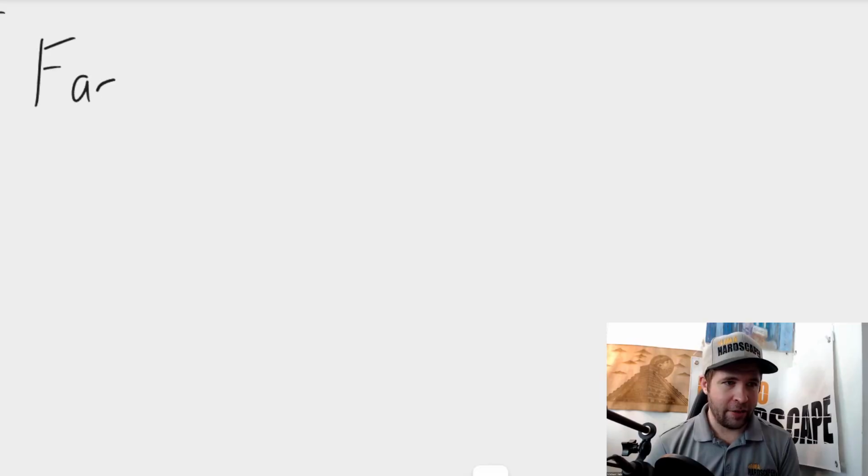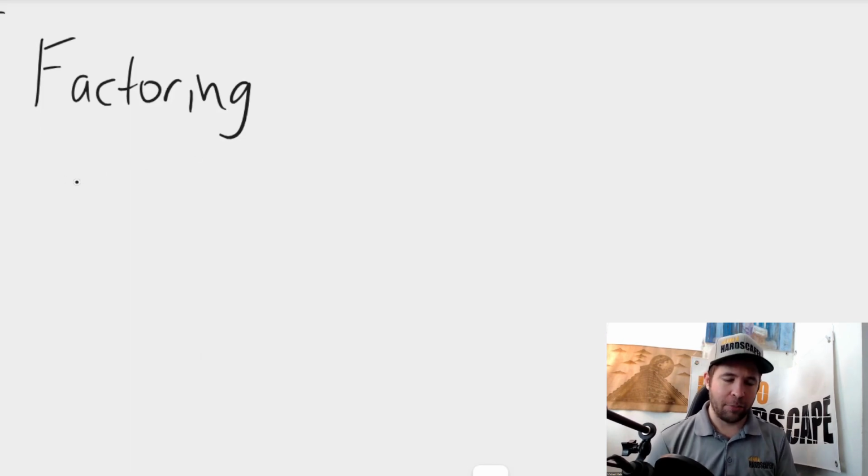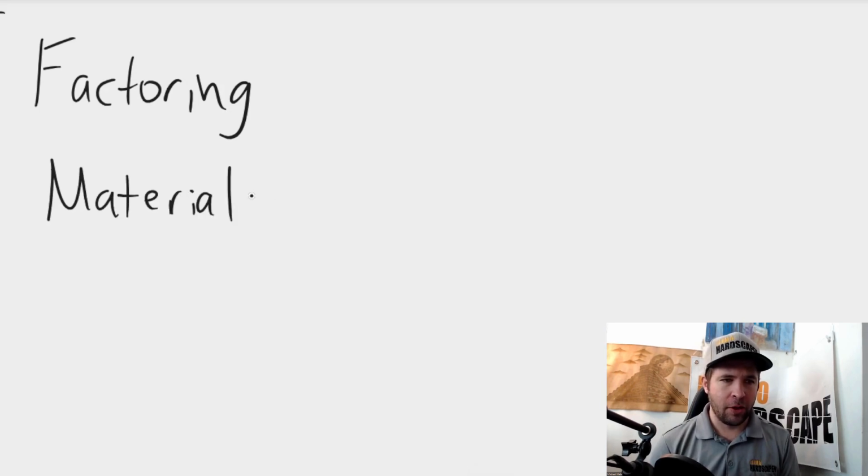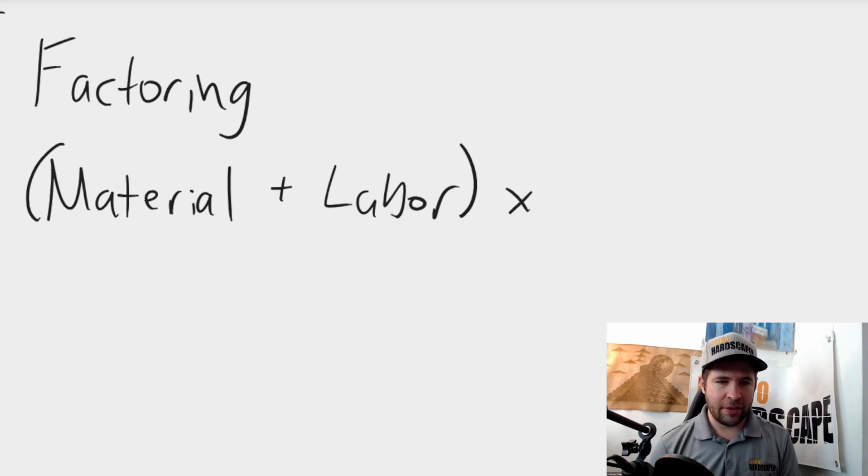So let's get started with factoring. And factoring is just a markup essentially that we add to some sort of factor in our proposal. Usually this is some sort of materials times a multiple, or it's materials plus labor multiplied by something, and that is our factor. Whatever that something is, our multiple.